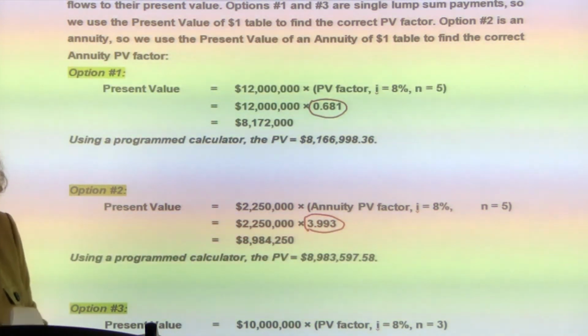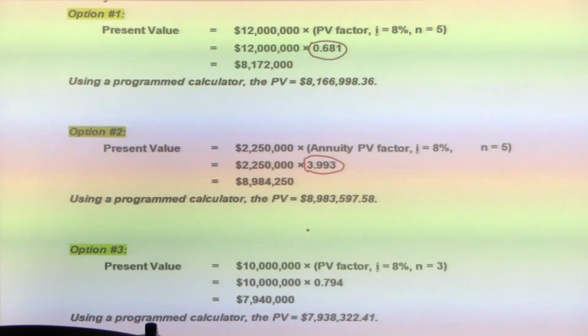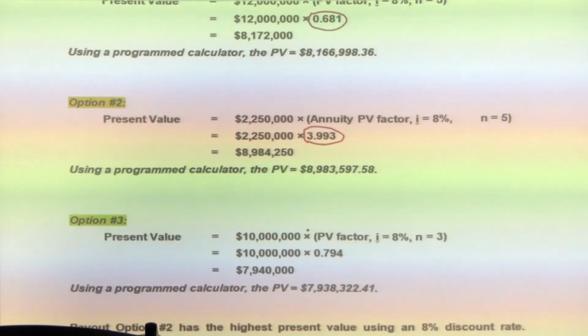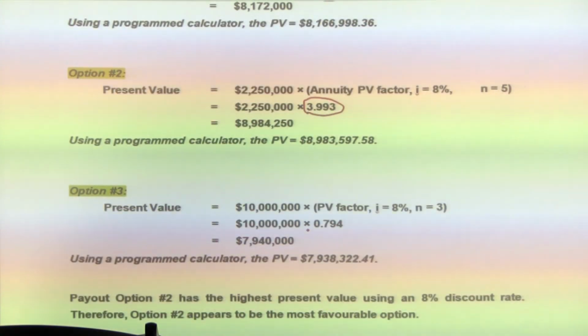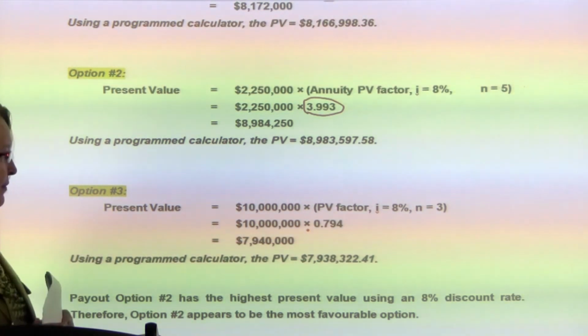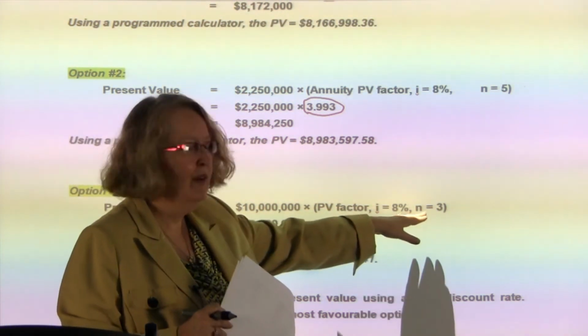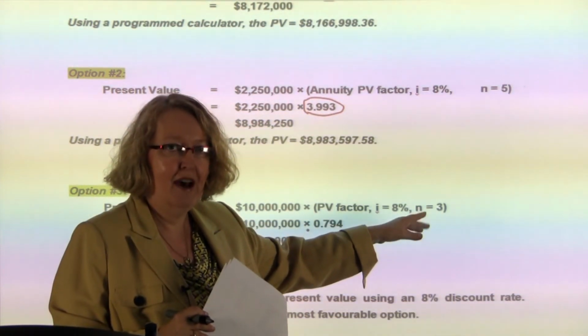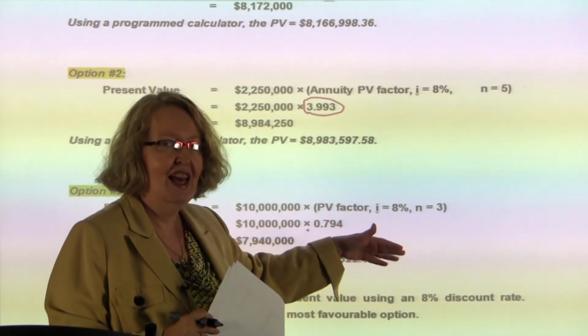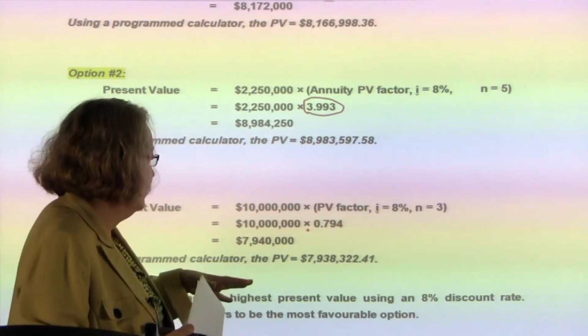And the final scenario that we're looking at here is option 3, which is to take the 10 million 3 years from now. So again, the interest rate is 8% and n equals 3, not 5, because we're talking about taking the winnings in 3 years' time.